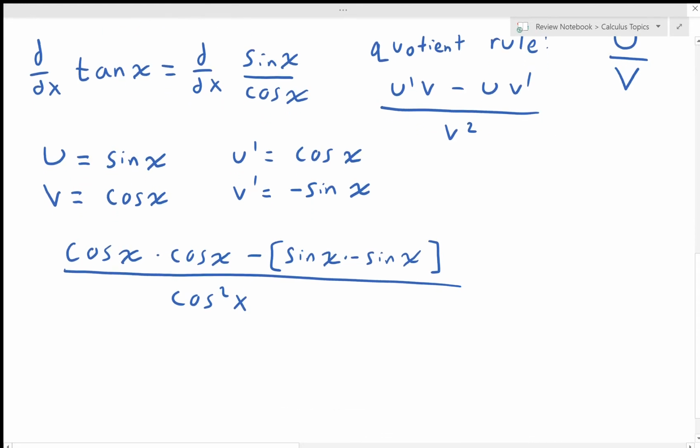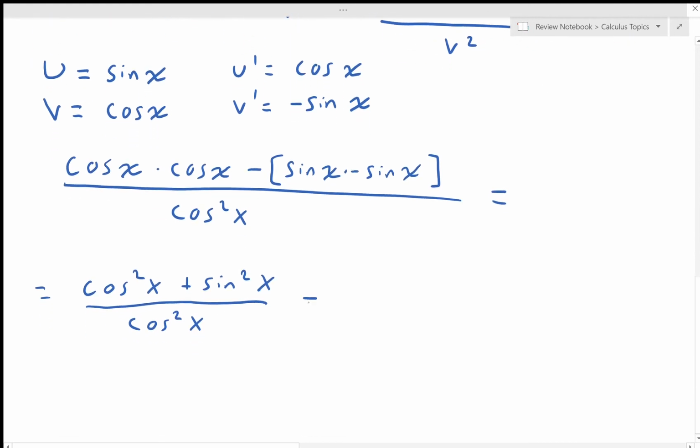So looking at it, we should probably simplify this. So that would be equal to cosine squared x minus times the negative would be positive sine squared x over cosine squared x.